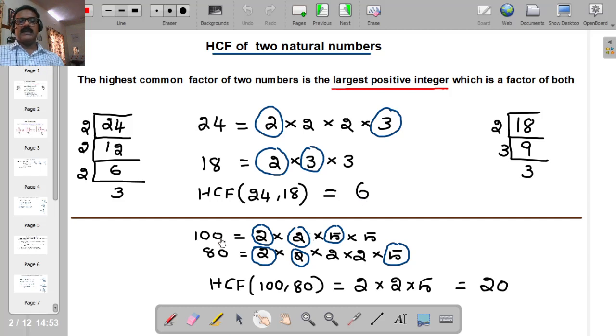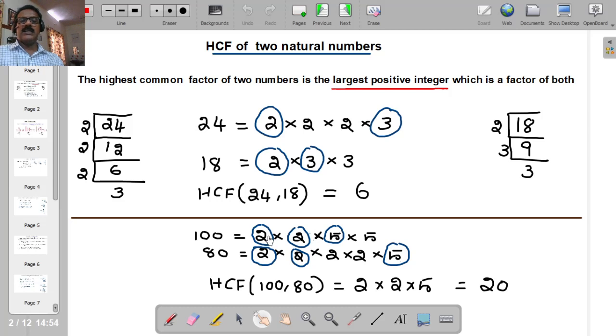Similarly, if we are finding the HCF of 100 and 80, 100 is factored as 2 times 2 times 5 times 5, and 80 is factored as 2 times 2 times 2 times 2 times 5.